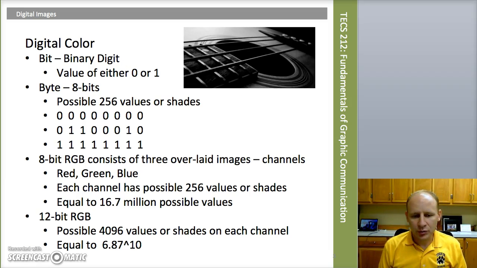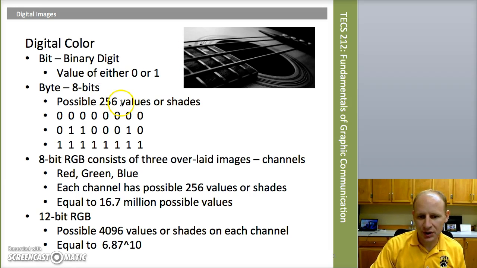So the number of color possibilities that we have in a digital image is going to affect the quality level of that digital image. As you see here, let's start with a grayscale or black and white image. With an 8-bit image, we have a possible 256 values or shades of gray.